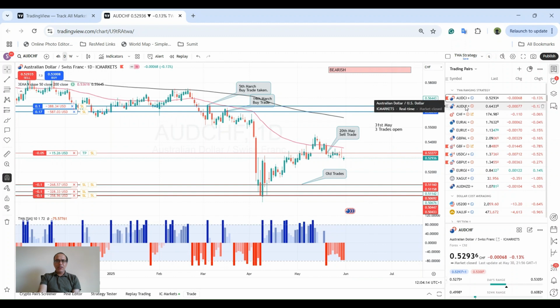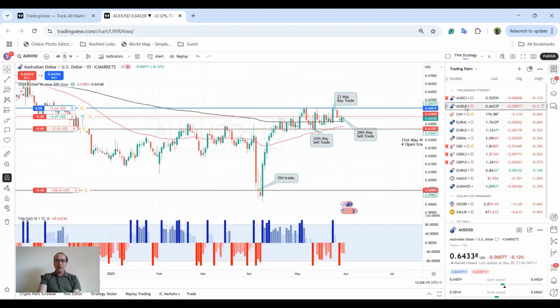The Aussie US dollar. Right, so here you can read my notes there, 4 open trades at this point in time. There's an old trade which we are in, but 3 recent ones overall.